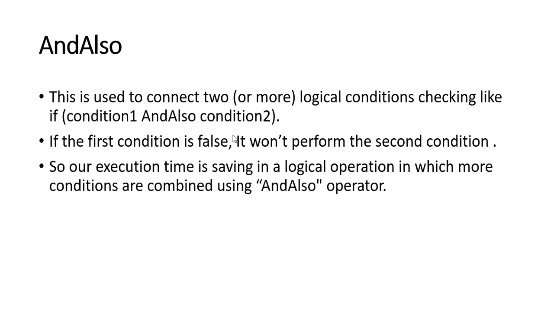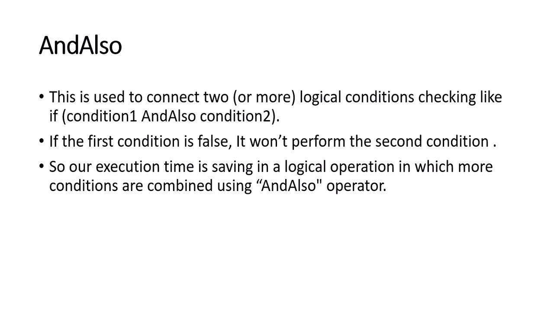This is very useful when, for example, you have a table and you want to check, okay, if the table is populated and it has more than one row. In that case, you can check if your table is not nothing AndAlso your table dot row count is greater than 0, then do this activity based on your requirement.